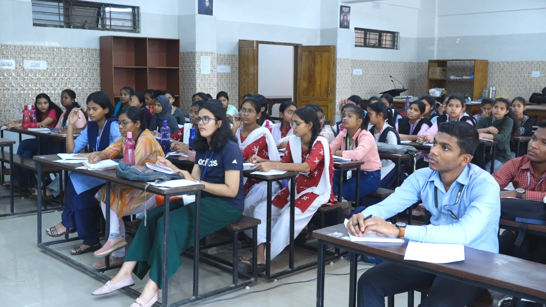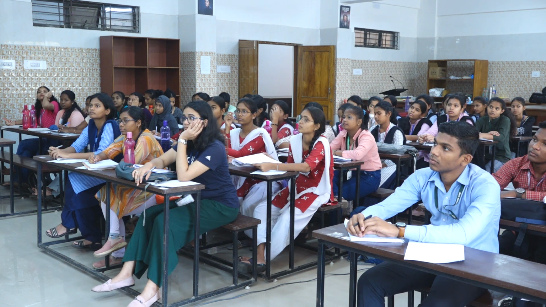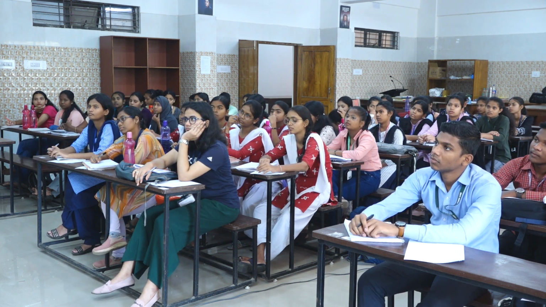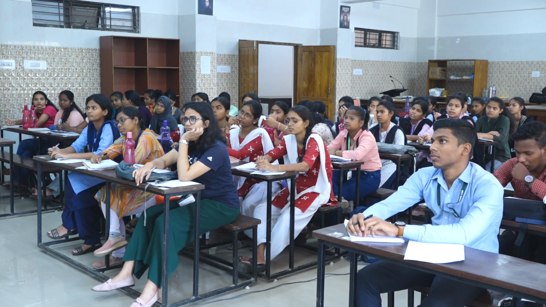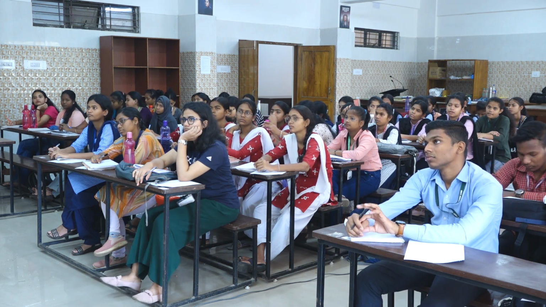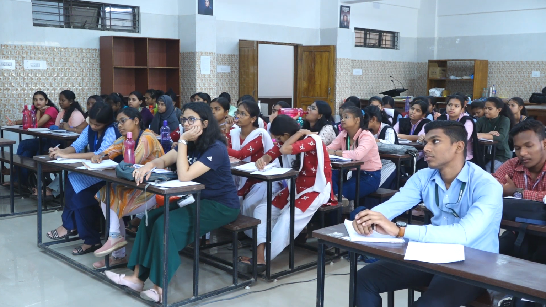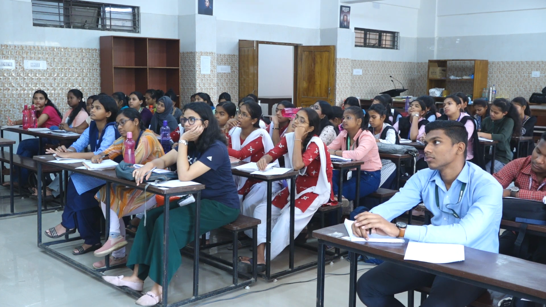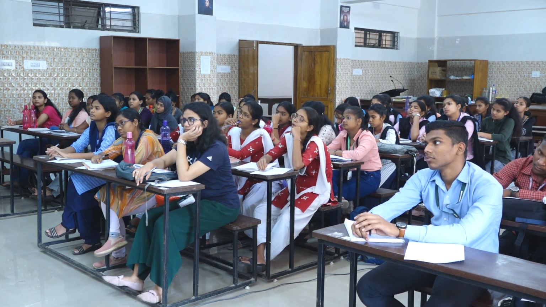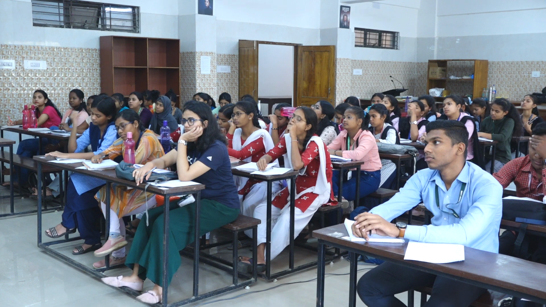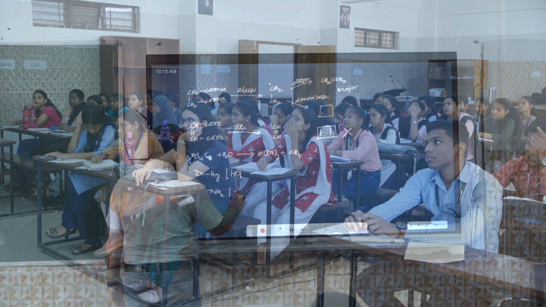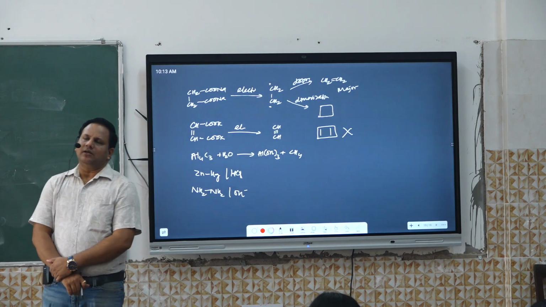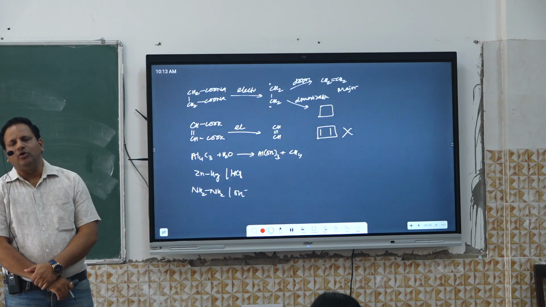Clemmensen and Wolff-Kishner can convert aldehydes and ketones, but these are not the suitable methods, because aldehydes and ketones cannot be available in nature easily. So in Clemmensen reduction and Wolff-Kishner, the reagents are ZnHg and HCl for Clemmensen, and hydrazine and alkali medium for Wolff-Kishner. Sometimes a question asks, can you take HCl medium in Wolff-Kishner reduction?